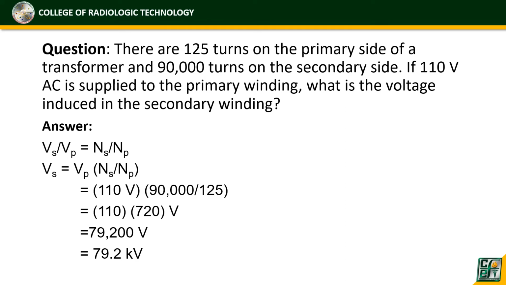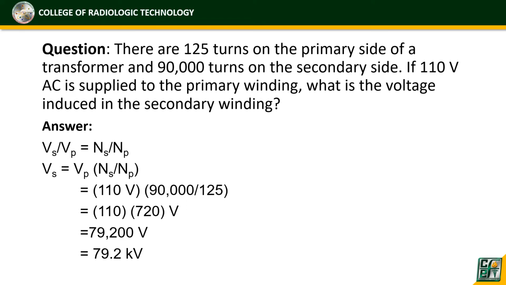So given the formula, V sub S over V sub P equals N sub S over N sub P. The missing is V sub S. So by cross multiplication, okay, V sub P will be transferred to the other side of the equation. Thus, V sub S equals V sub P times N sub S divided by N sub P. Okay.